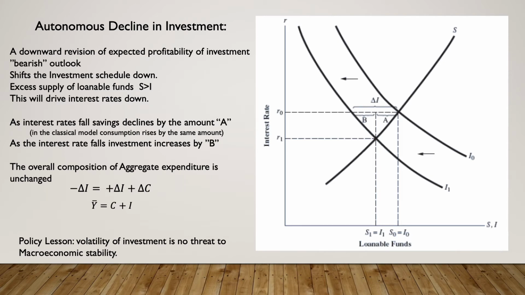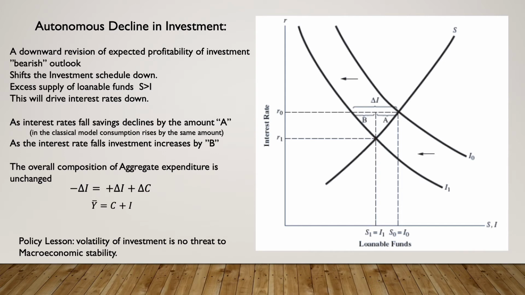Here we see the investment demand schedule shifting from I0 to I1, and that's how we model this bearishness. If we were doing something with bullishness, this shift would have been in the opposite direction; the investment demand schedule would have shifted to the right or up. But here we're dealing with bearishness, so we've got a leftward or downward shifting investment demand schedule.